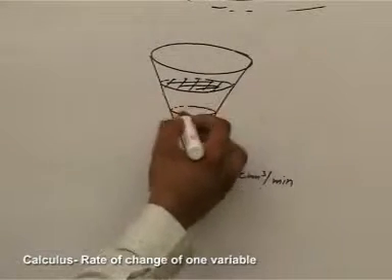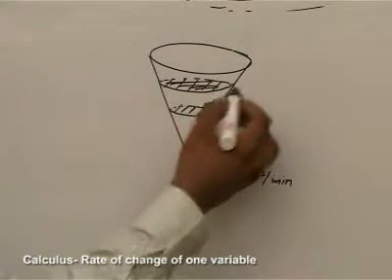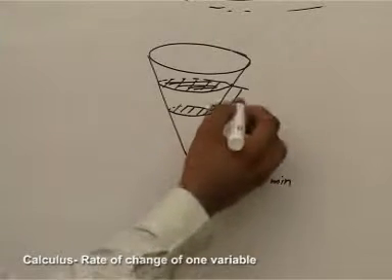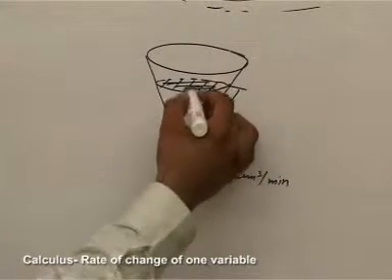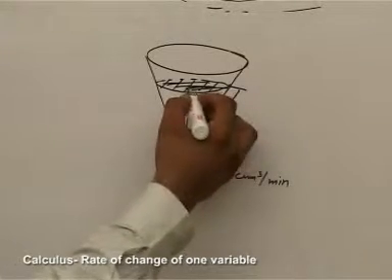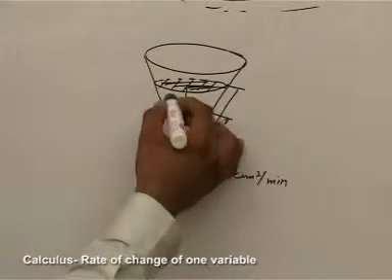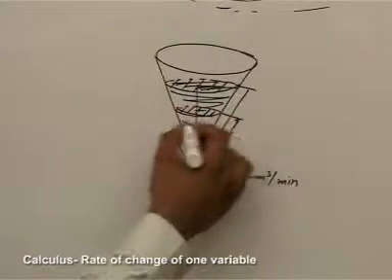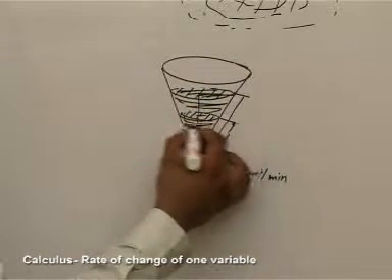The area has changed from this value to this value. Slant height has changed from this value to this value. Real height, vertical height, has changed from this value to the lower value. The wetting surface area, the portion which was wet, was first this, now this.